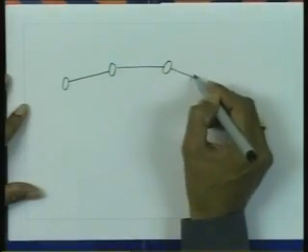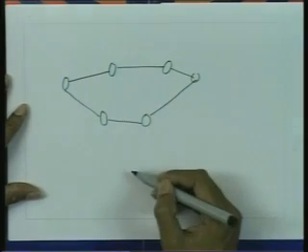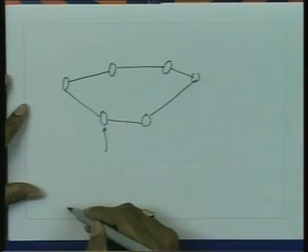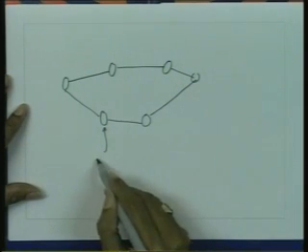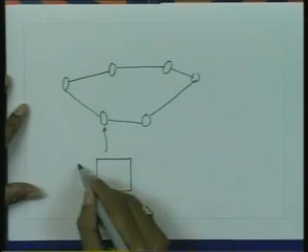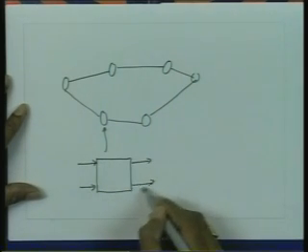Now let us assume that this is a network of packet switching nodes. Now how will things be done in packet switching? Let us say again we have a network of nodes, but this time this is not a circuit switch node, but a packet switch node. In a packet switch node, there could still be a switch with 1 to n input ports and 1 to n output ports.